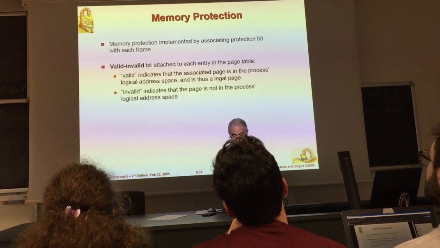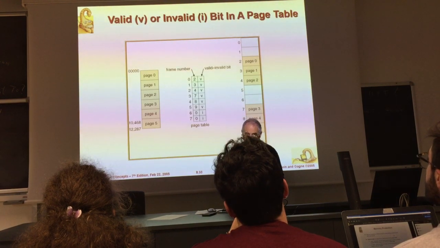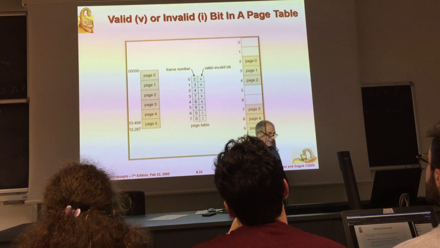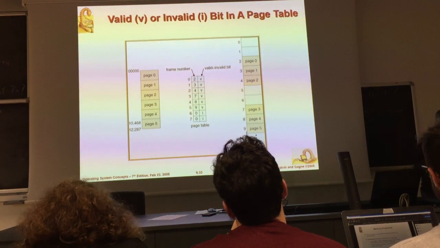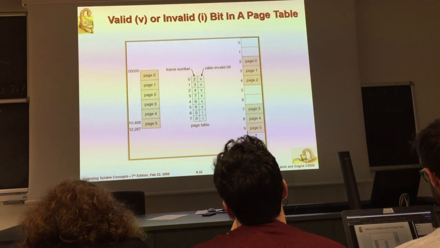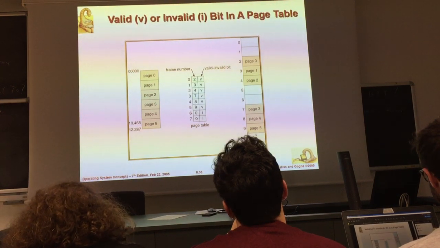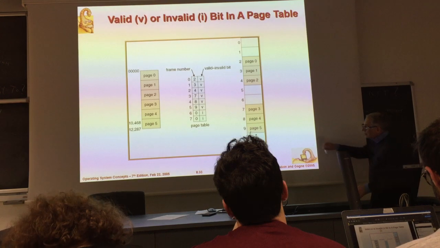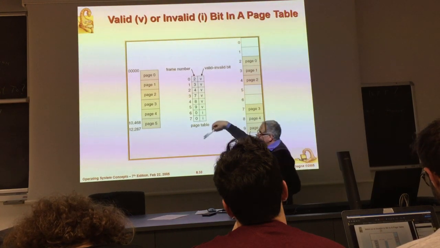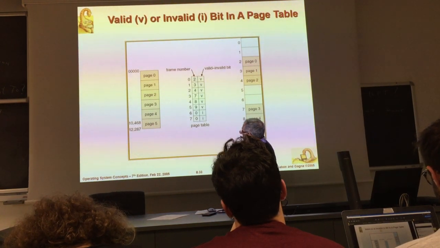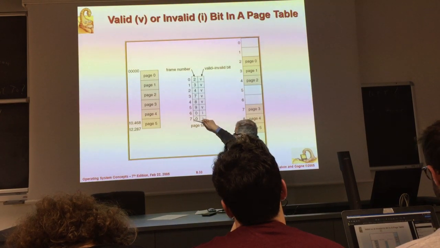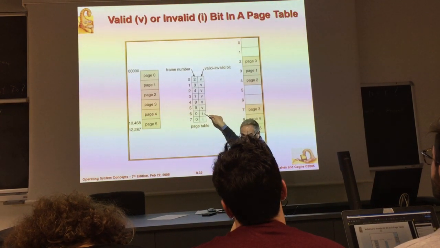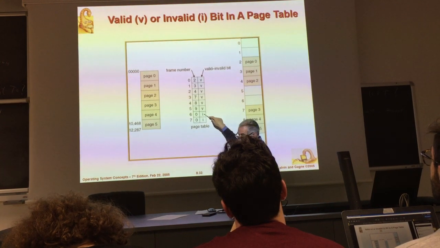The simplest information is a validity bit, used mostly for virtual memory, as we will see. But imagine that this is the page table of this process, and pages 6 and 7 are marked invalid. What does invalid mean?